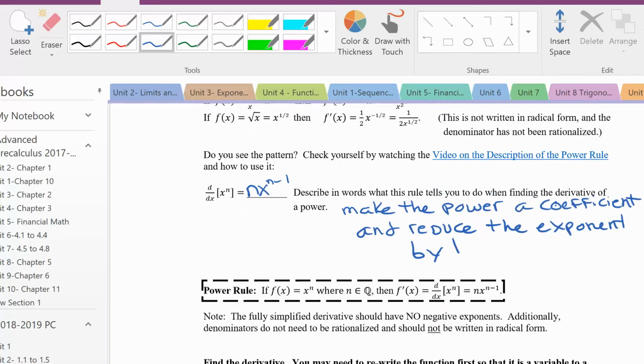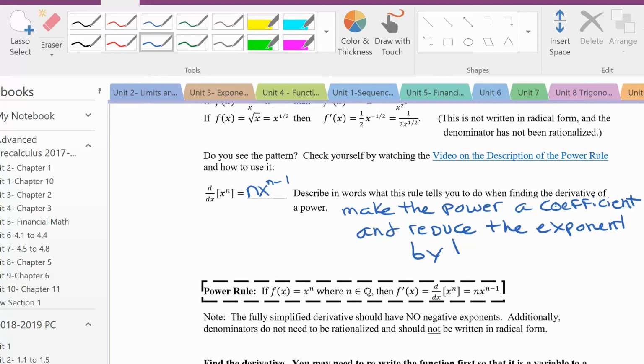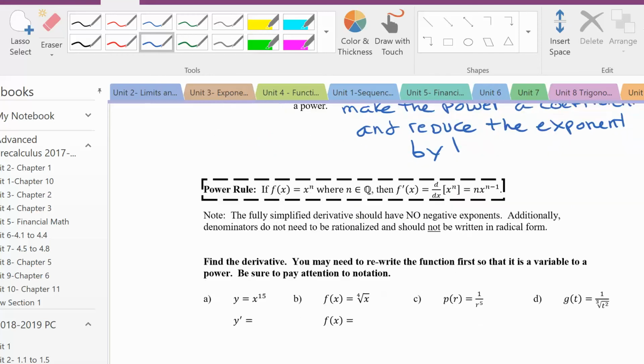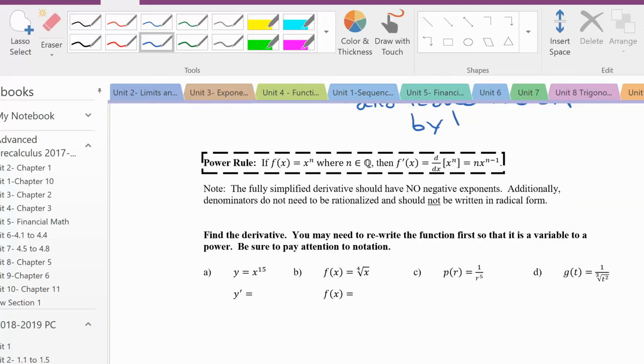So that is the power rule. So if you had a question like y equals x to the 15th and you want to find the derivative, well, it becomes 15x to the 14th, because you make this the coefficient and then you subtract 1.